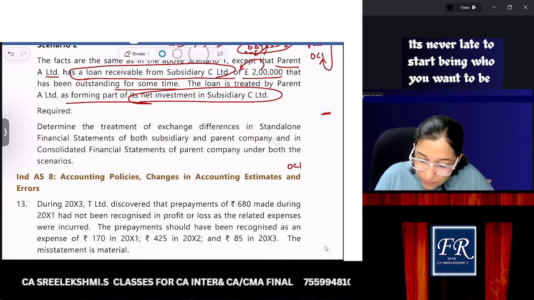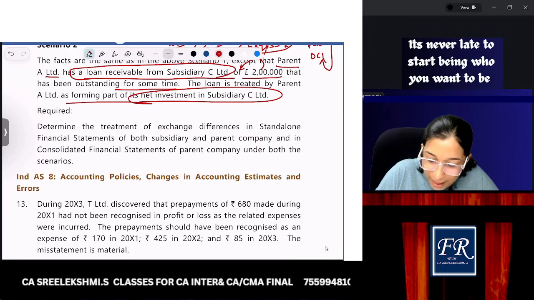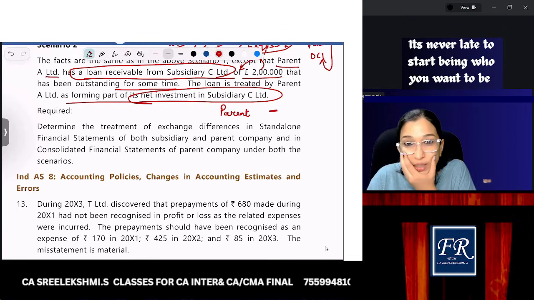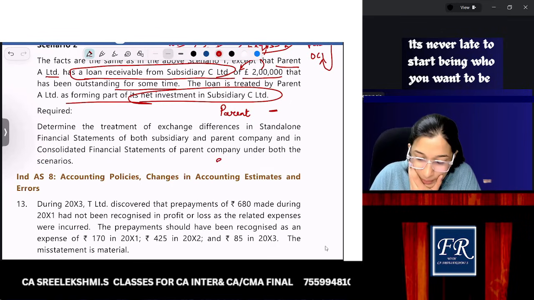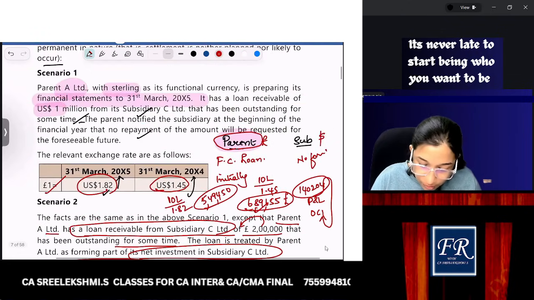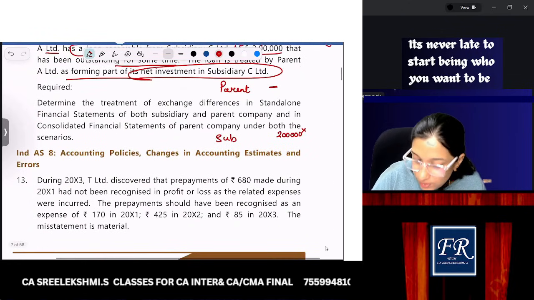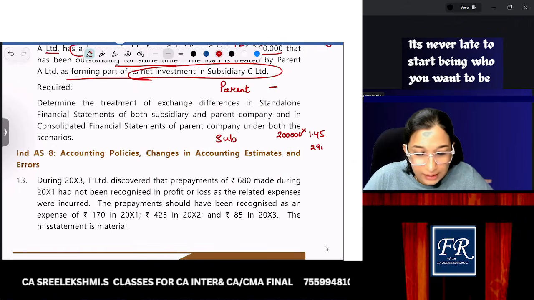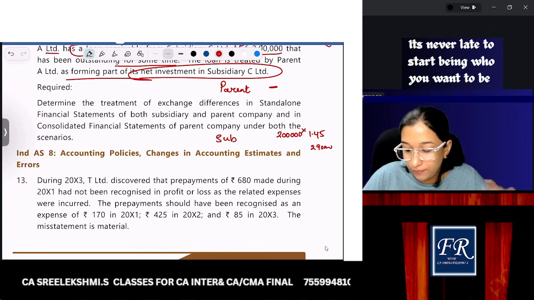In the books of the parent, the loan is given in pound only, so no exchange gain or loss in the parent. But in the books of the subsidiary, initially 2 lakh pound into 1.45 was the liability, that is 2,90,000.